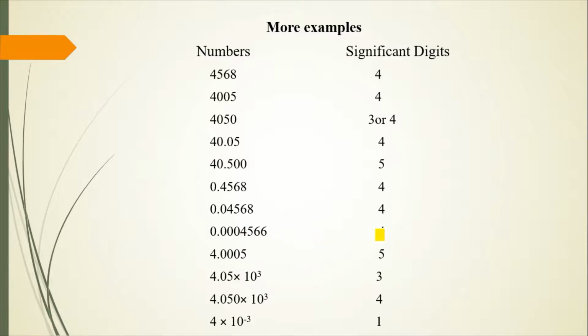Here significant digits are 4. In the next one, 3 zeros lie between 4 and 5. We will count these zeros, so significant digits are 5. Next is very simple, 4.05, 0 lies between 4 and 5. Significant digits are 3. In the next one, 4.050, the significant digits are 4.